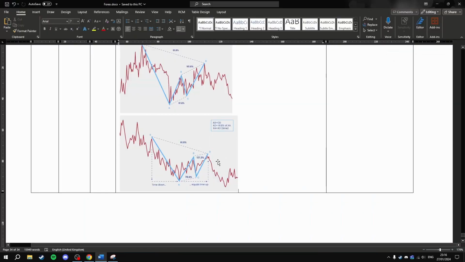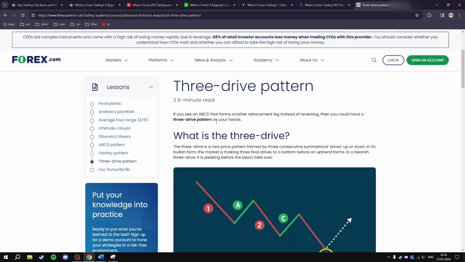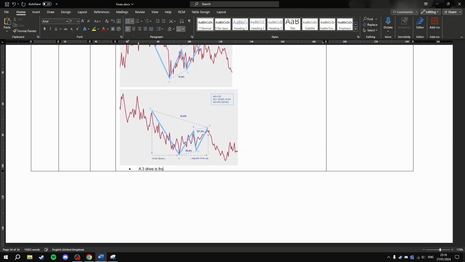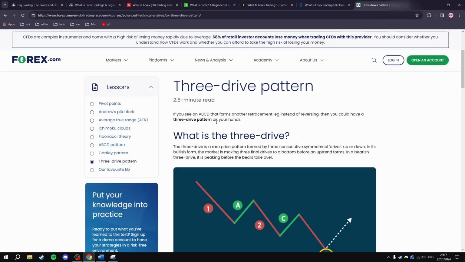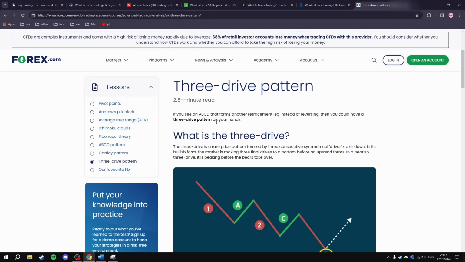Three consecutive drives up or down. In its bullish form, the market is making three identical final drives to bottom before an uptrend forms.